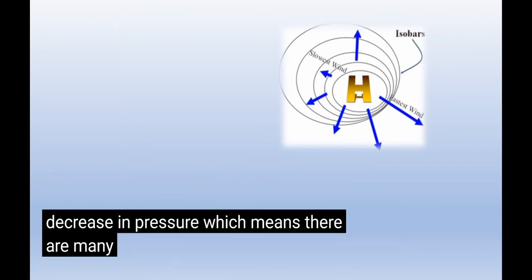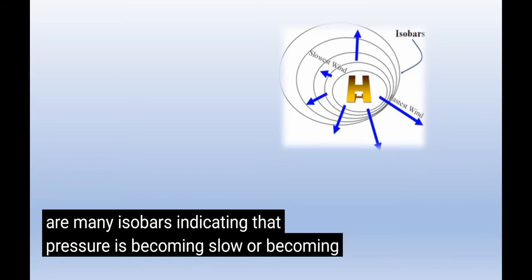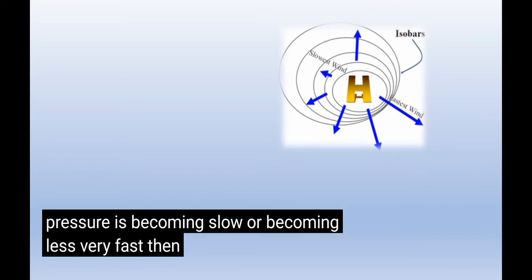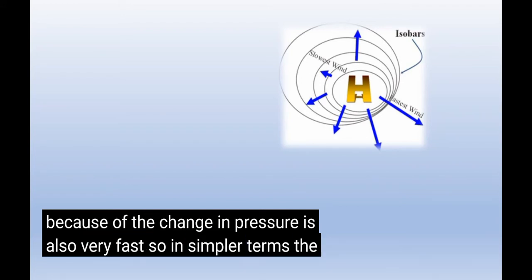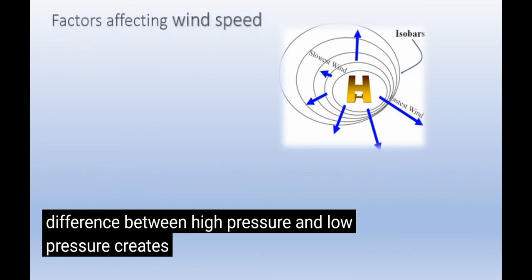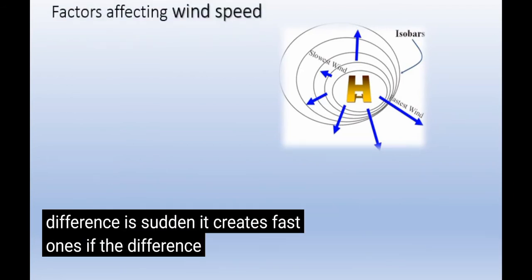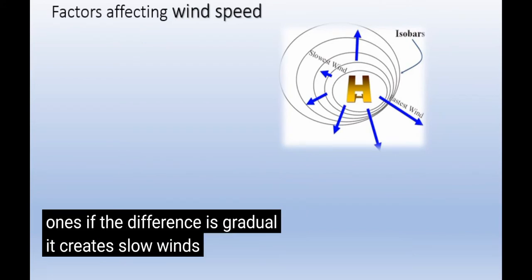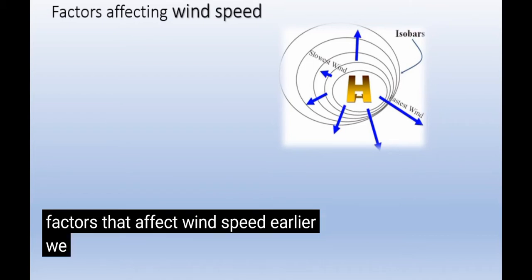But when there is a sudden decrease in pressure, with many isobars close together, the pressure is changing very fast. The difference between high pressure and low pressure creates winds, and a sudden difference creates strong winds.